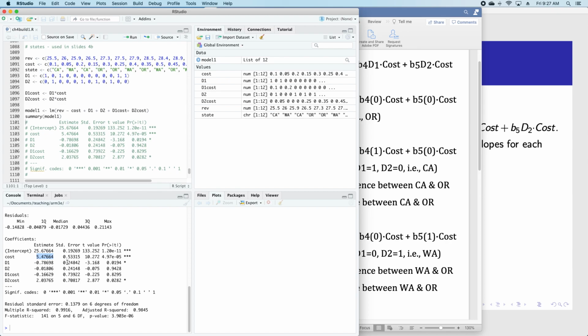Here's the slope for Oregon. Here's the estimated difference in intercept between California and Oregon. Here's the estimated difference in intercept between Washington and Oregon. Here's the estimated difference in slope between California and Oregon, and here's the estimated difference in slope between Washington and Oregon.